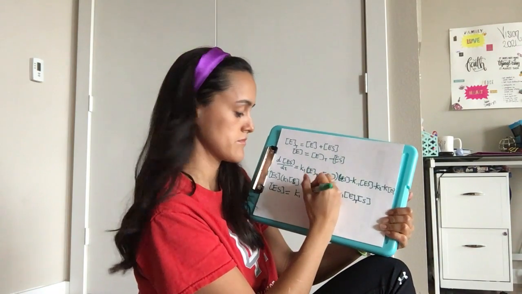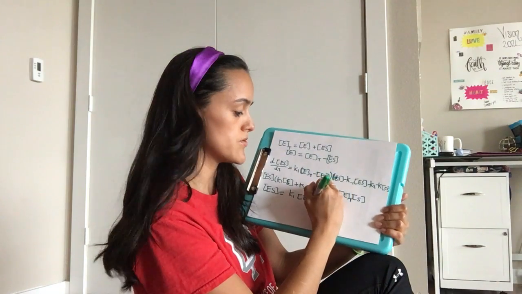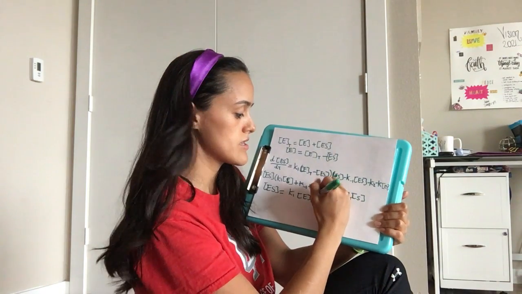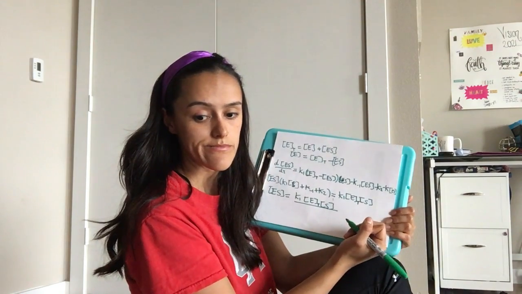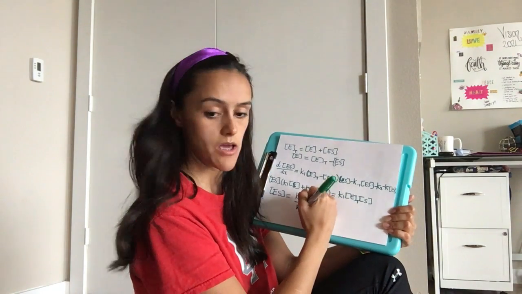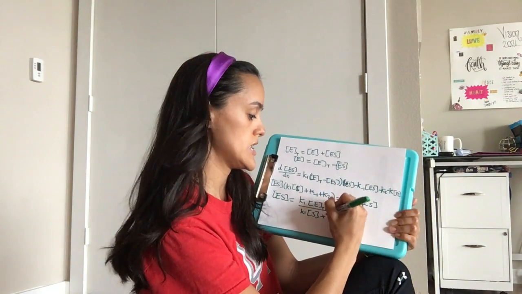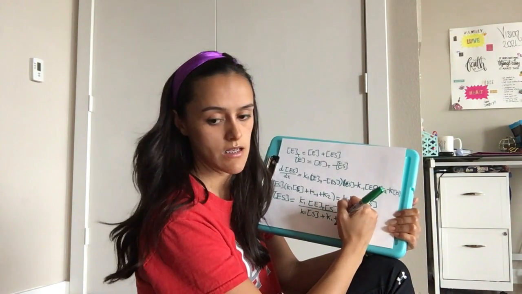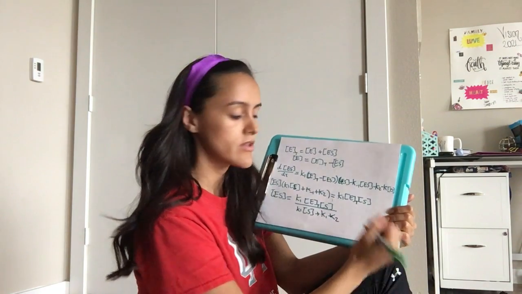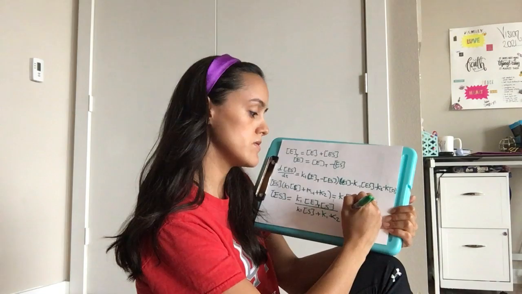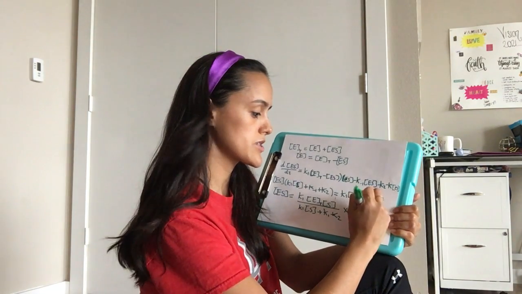K1 times the concentration of the enzyme total times the concentration of the substrate, divided by K1 times the concentration of substrate plus K minus 1 plus K2, and we multiply all this by the fraction 1 over K1.